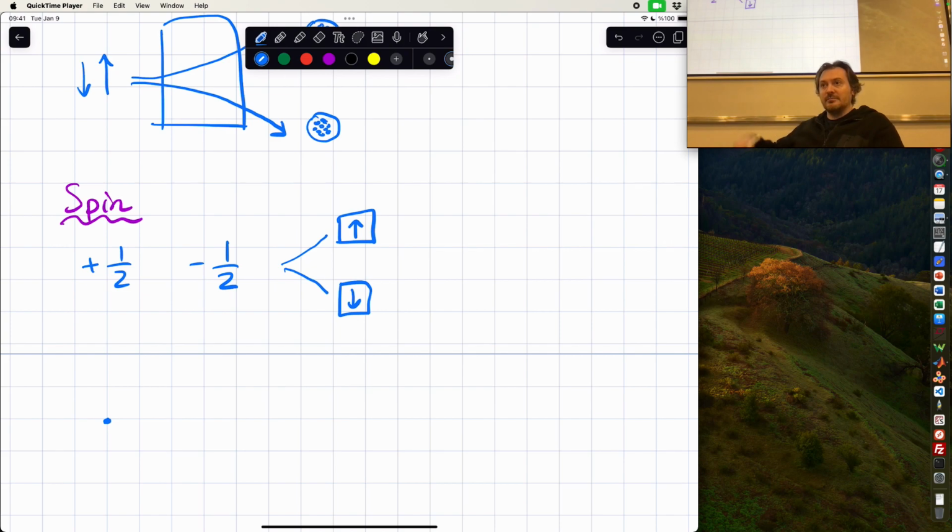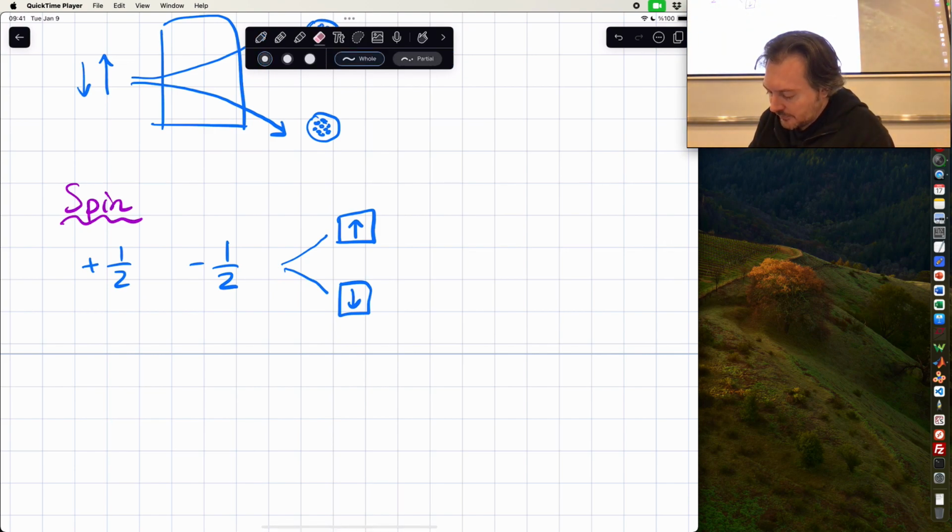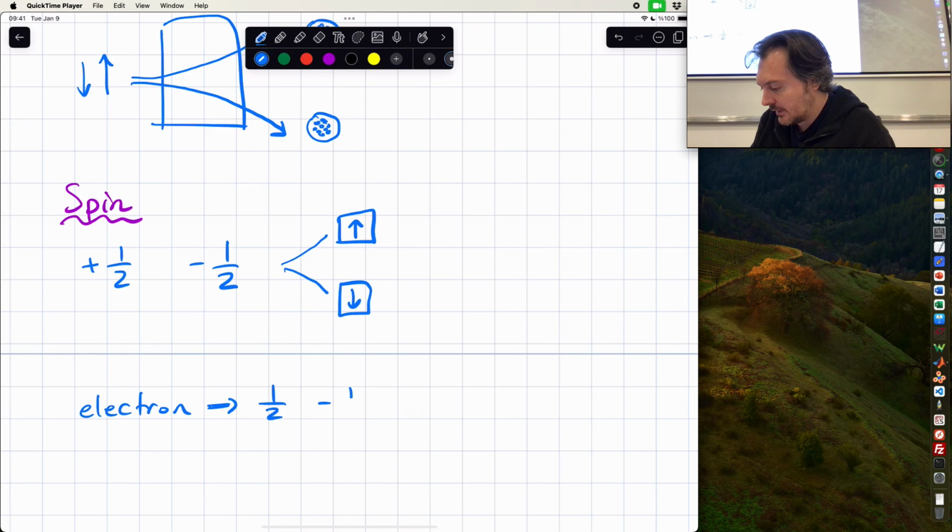Okay? It's not related to the rotation movement. It's another dimension of the electron. Exactly. And it turns out that for electrons, the spin is 1/2 or -1/2.